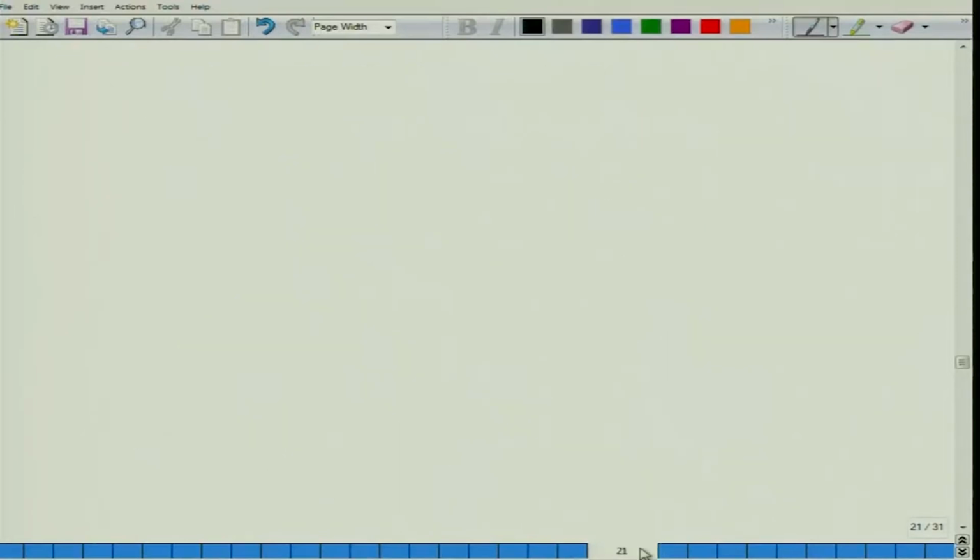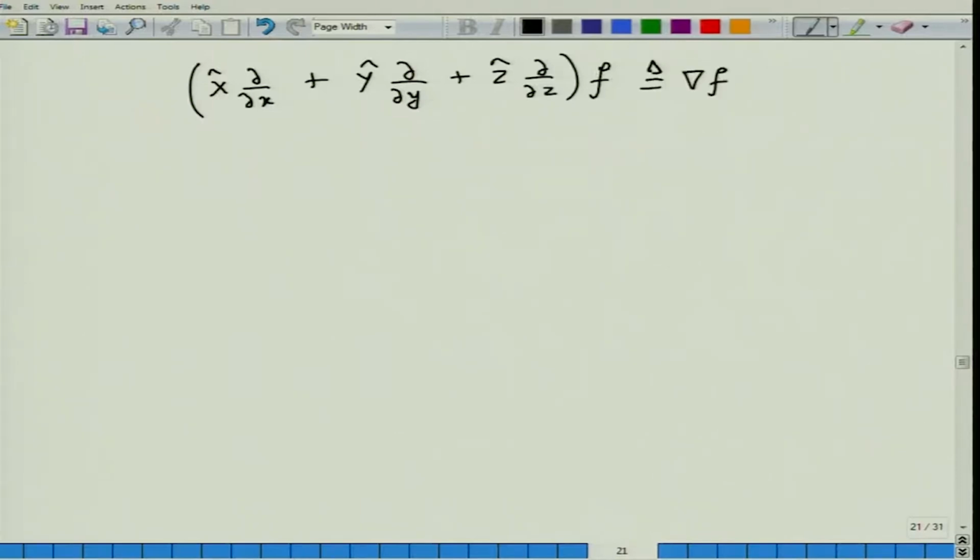And we have a special notation for this particular quantity which we call the del operator. The reason for calling this a del operator is very clear, because these are only partial derivatives. This will make sense only when we take this and operate it on some quantity. In this case, we operate it on the scalar field f in order to obtain what is called the gradient of f.